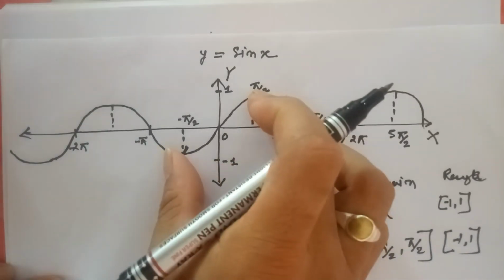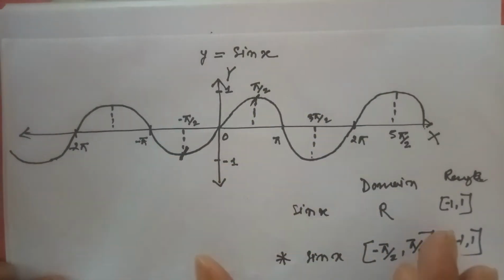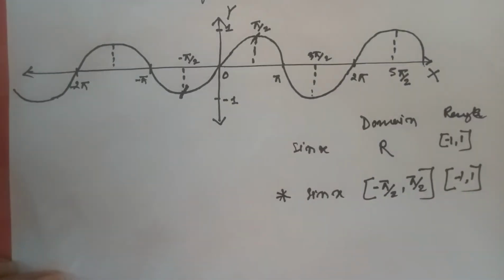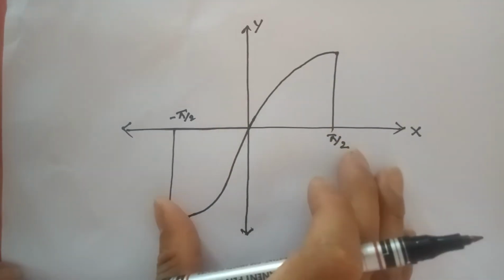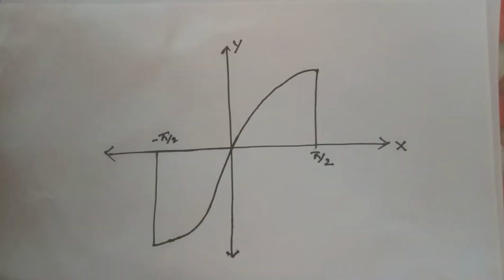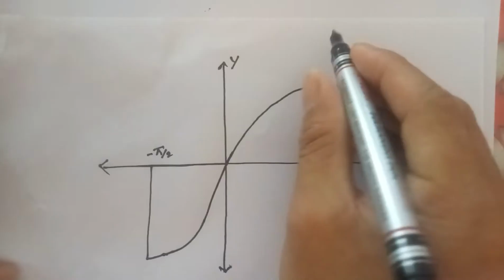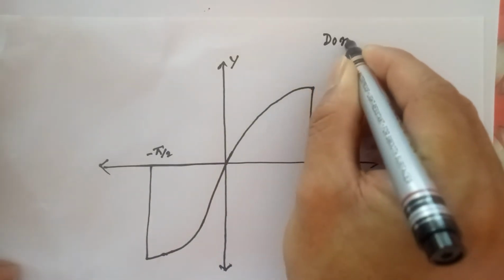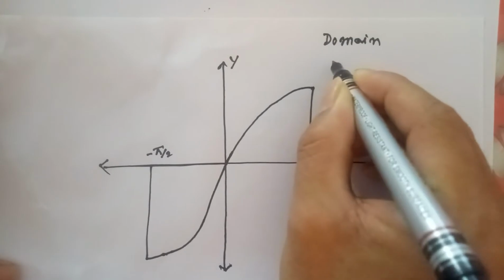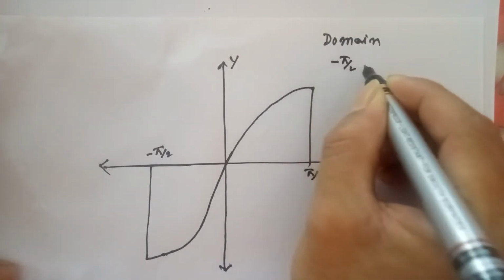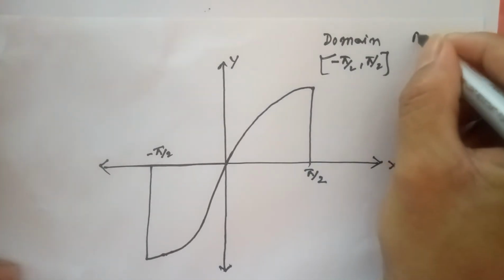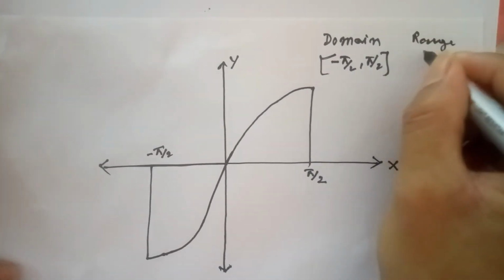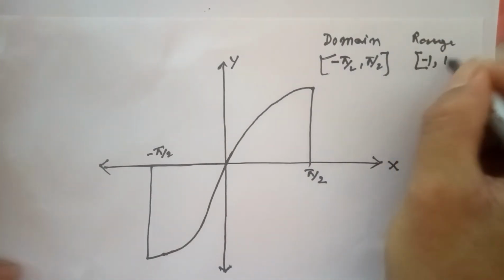We restrict our domain, then we see whether it's 1-1 or not. So let's check. This is the graph of sin x after restriction. Now the domain of this function is minus pi by 2 to pi by 2, and the range is minus 1 to 1.